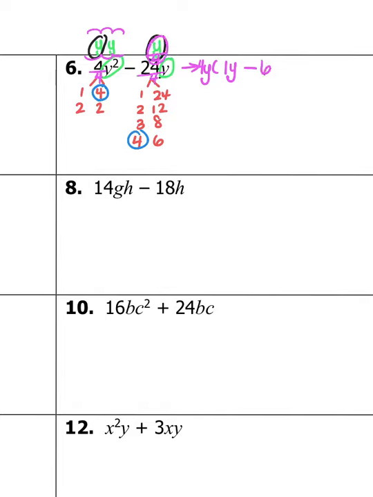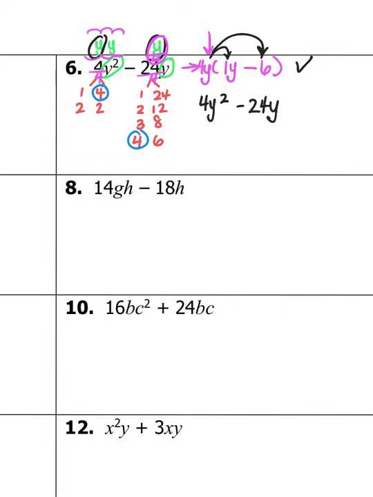I had a y here, but I factored it out front. And remember, we can always check to make sure we got what we started with. So 4y times 1y would make 4y squared, and 4y times negative 6 would make negative 24y. So I know I did that correct.